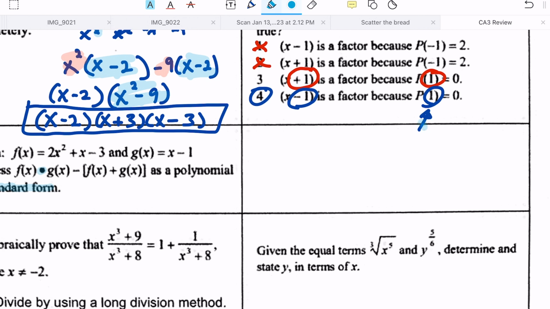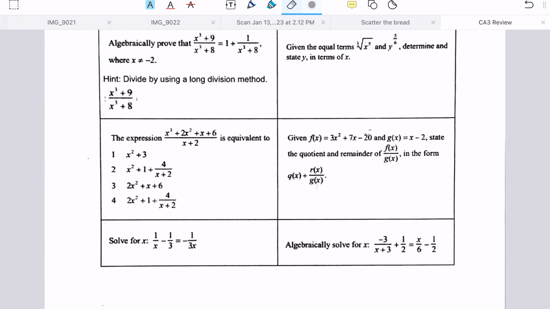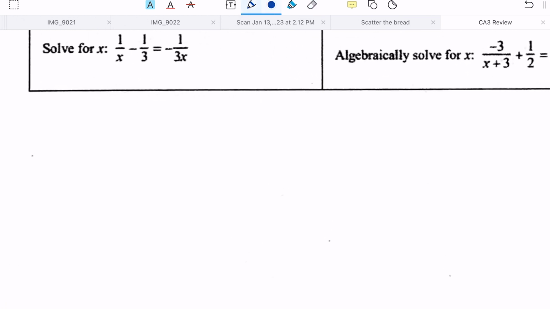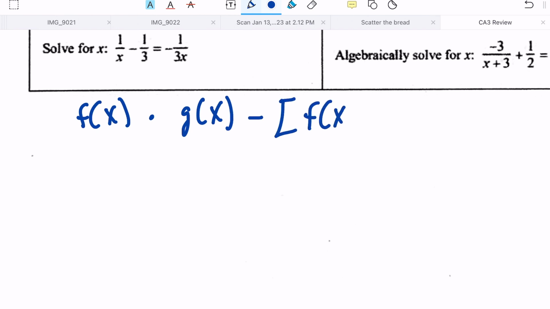Okay, so let's do this one in the bottom. Remember, we have to do f of x times g of x minus f of x plus g of x.